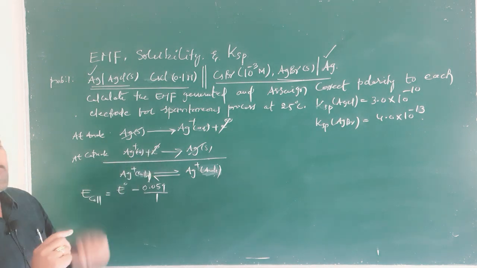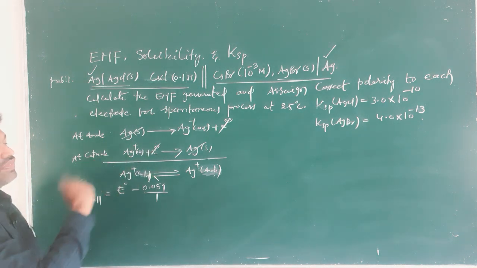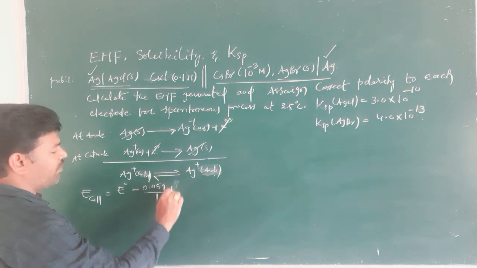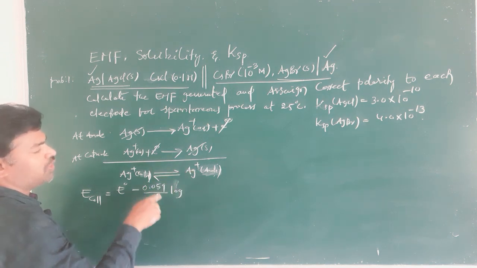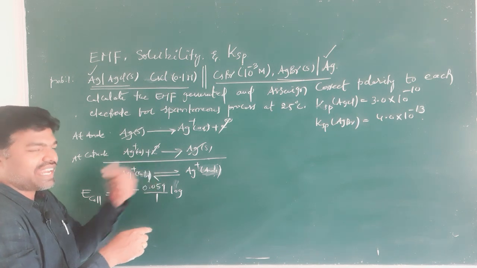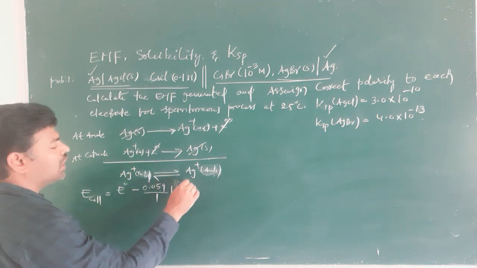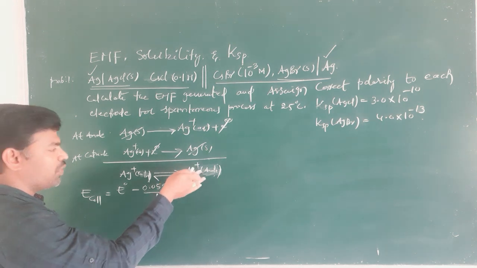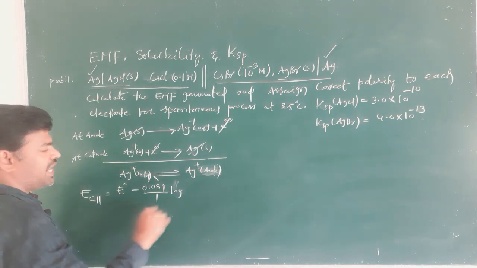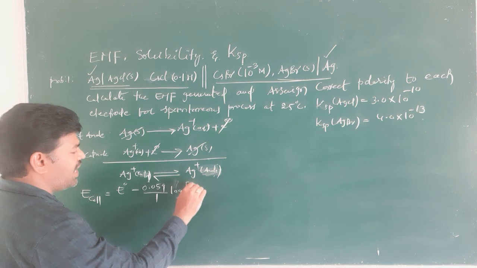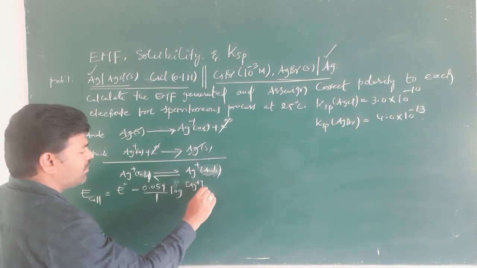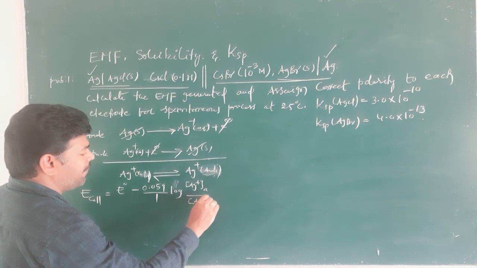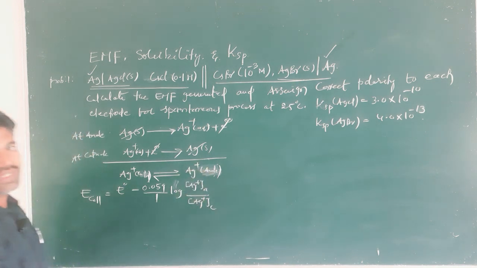Here one electron is transferred. Log K means the equilibrium constant for the net cell reaction, which is the concentration of products to the concentration of reactants, that is, the concentration of Ag plus at the anode over the concentration of Ag plus at the cathode, right.